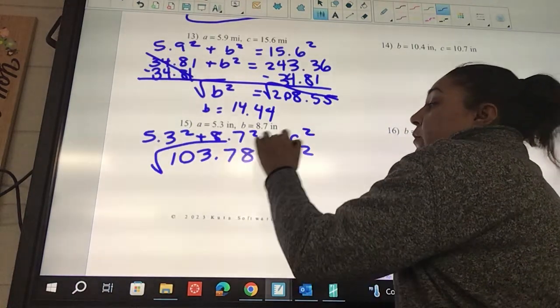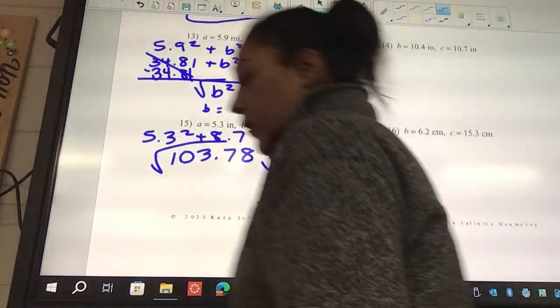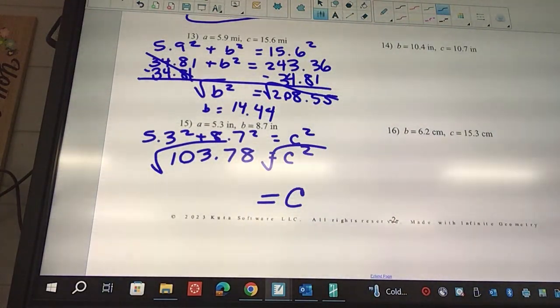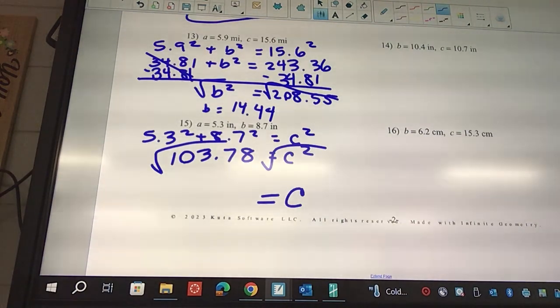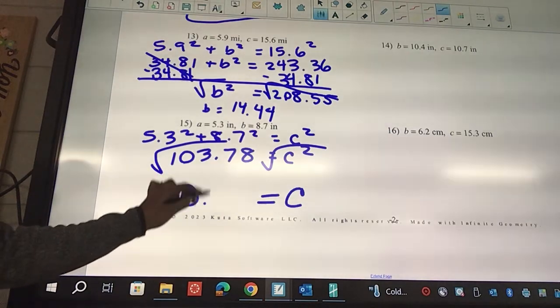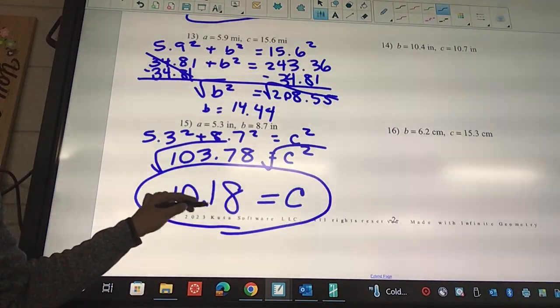And then we can square root both sides. I thought you said 7, and I'm like, I know that ain't right.